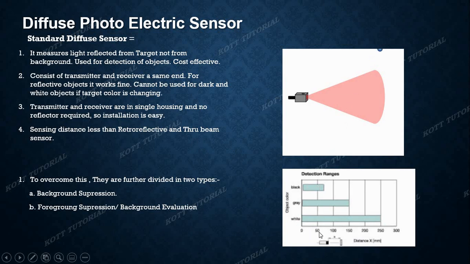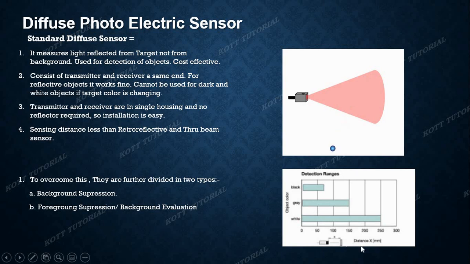On the x-axis we can see 0, 50, 100, which is nothing but the distance in mm, that is the sensing range of the sensor. On the y-axis we can see the color of the product, that is black color product, gray color product, white color product.